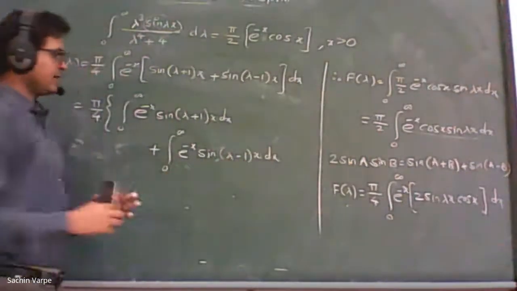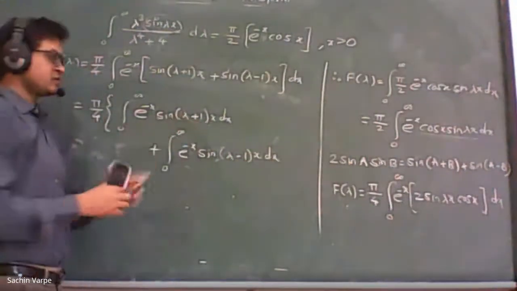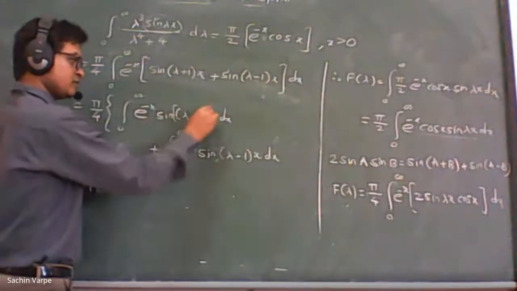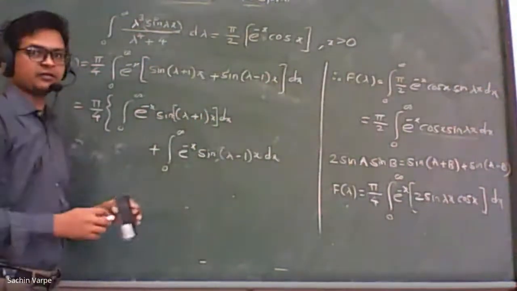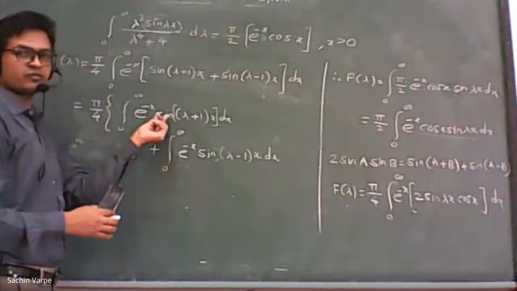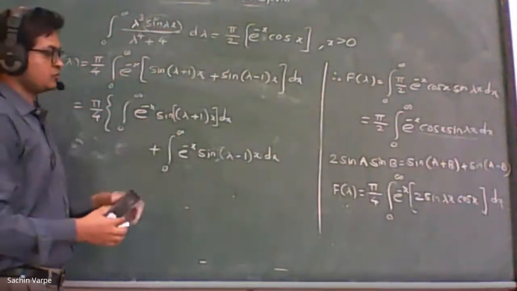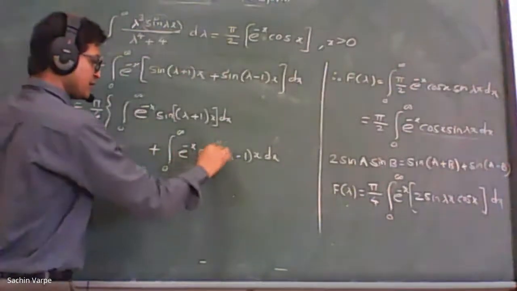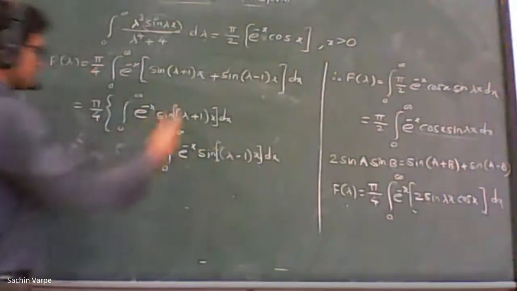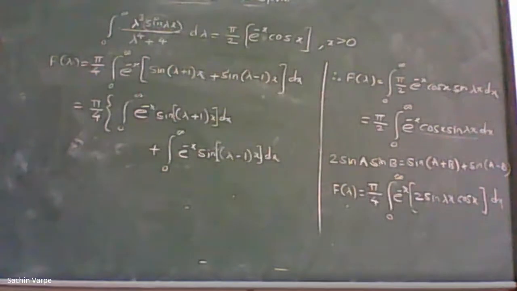See, this x is not outside of this function. This is in the angle of sine. Remember, this is just like sine of ax, where a is lambda plus 1. So please don't get confused and don't treat that x as outside of sine. That is inside the sine.